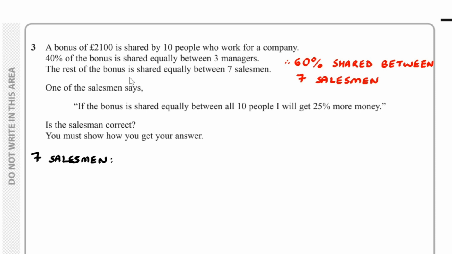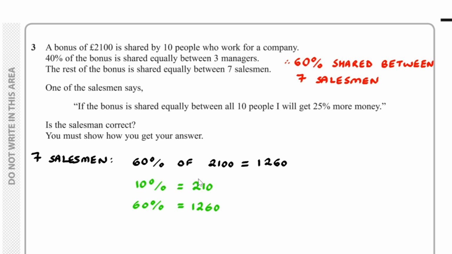We need to work out 60% of 2,100. Well, 10%, that's equal to 210. And so 60%, multiplying 210 by 6, we get 1,260. And so therefore, 60% of 2,100 is 1,260.